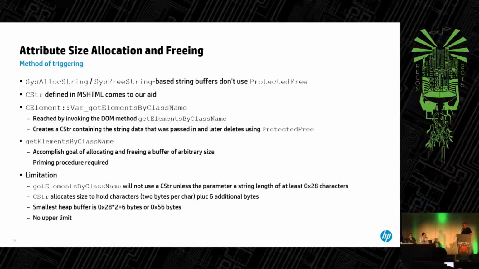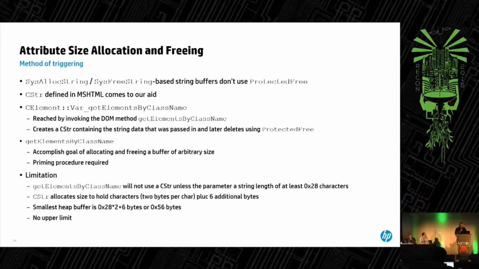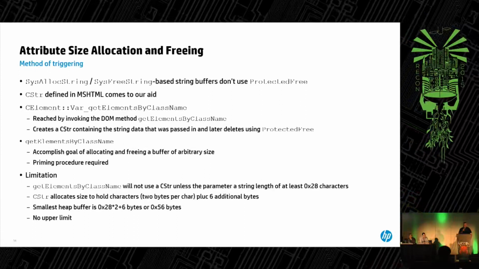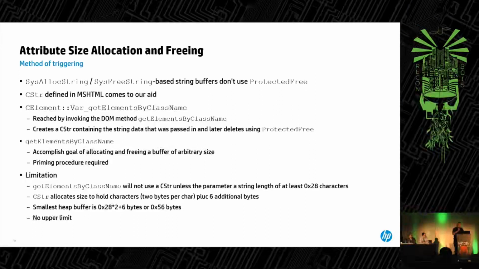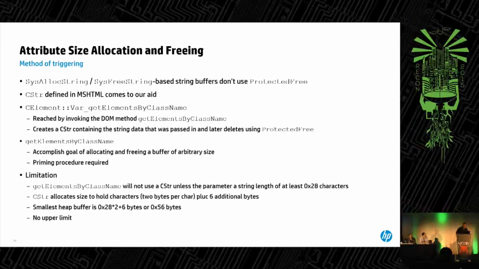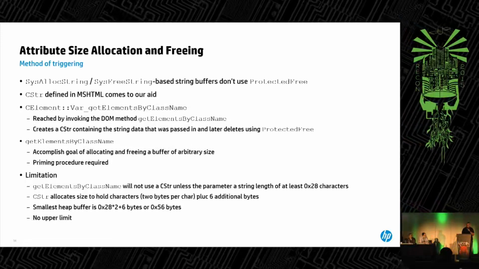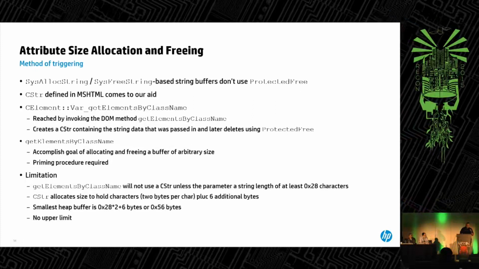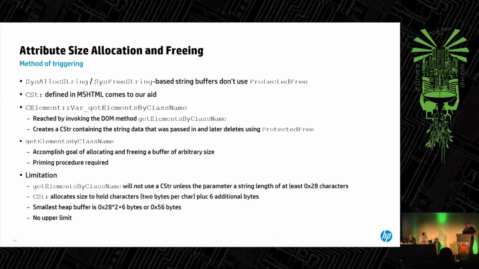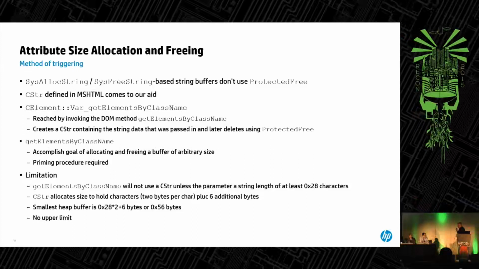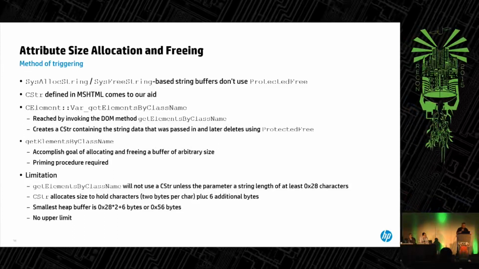In that method, it will create a CStr using the string value passed in, and later it will deallocate that string using protected free. That's what we're going to use for the arbitrary allocation and deallocation of objects and manipulating the wait list and memory protection. To do this, you actually have to do a priming procedure against the DOM object, and we'll talk about that in a second.